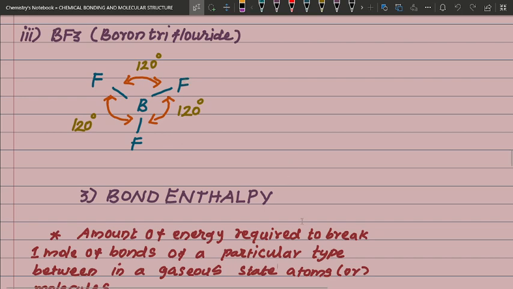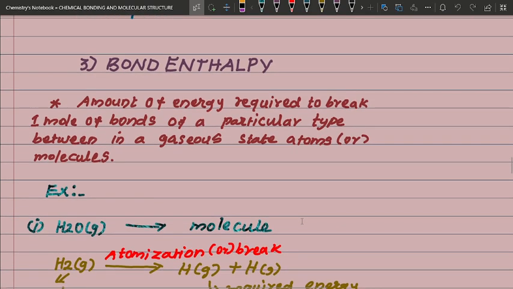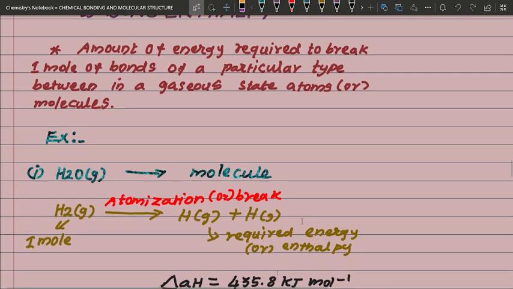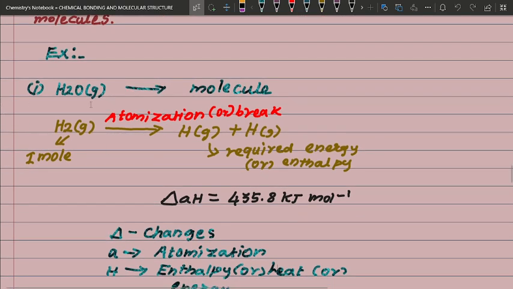Next, bond enthalpy. Enthalpy means heat. It is the amount of energy required to break one mole of bonds of a particular type between gaseous state atoms or molecules. See below. For example, H2 gas.